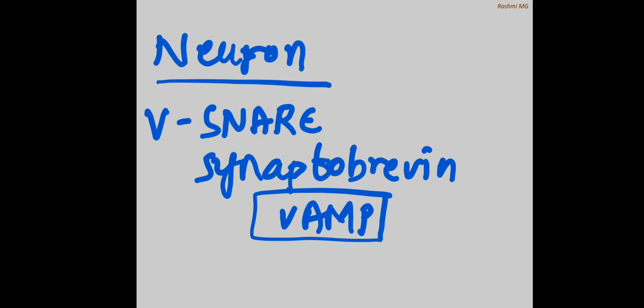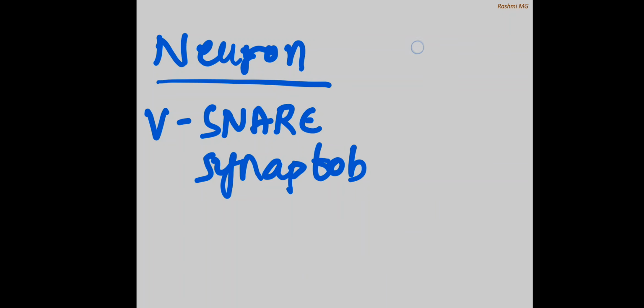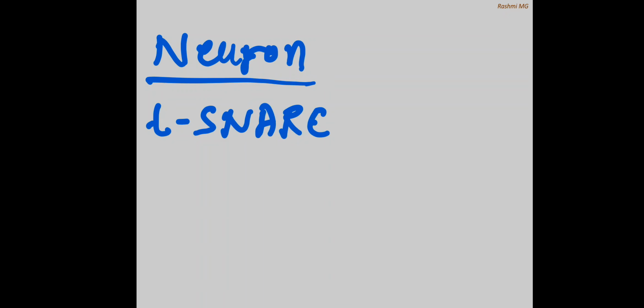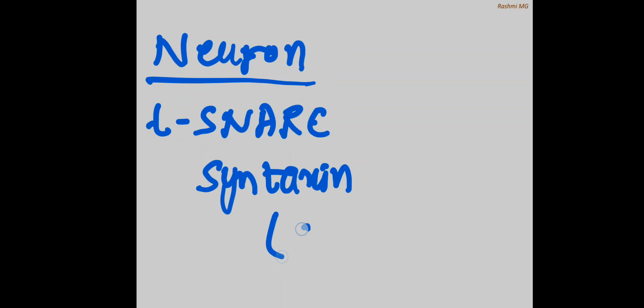The V-SNARE which is present in the synaptic vesicle of the neuron is known as synaptobrevin, which is also called VAMP, V-A-M-P. The T-SNARE of the neuron has a particular name, that is syntaxin. Syntaxin is also called SNAP25. So these are the names of the particular T-SNARE and V-SNARE present in the neuron.